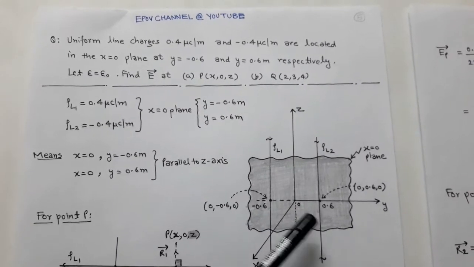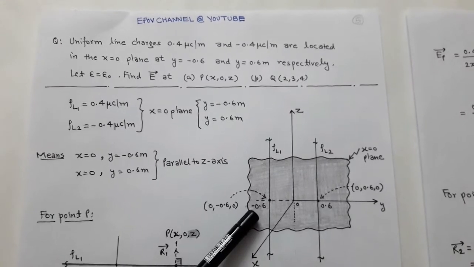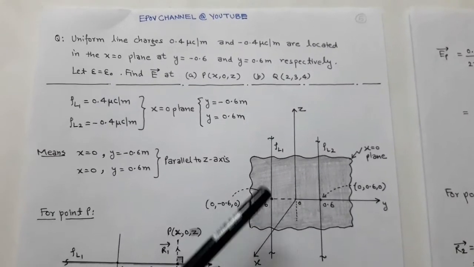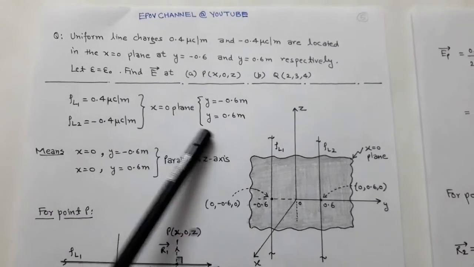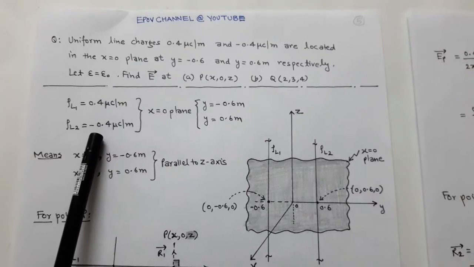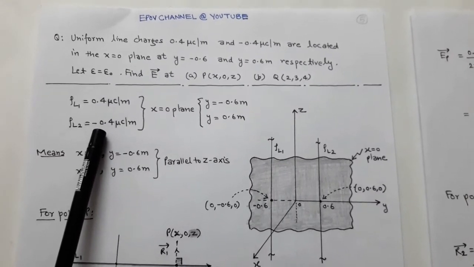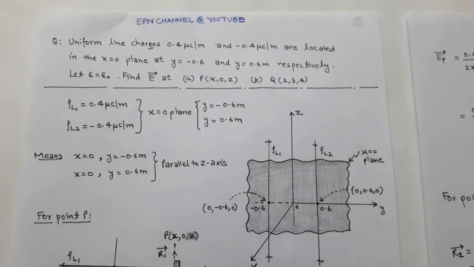So at minus 0.6 meter, the line charge density is 0.4 microcoulomb per meter, and at 0.6 meter, the line charge density is minus 0.4 microcoulomb per meter. And these line charges are situated on x equals to 0 plane.